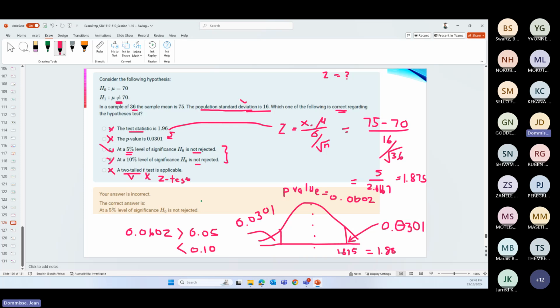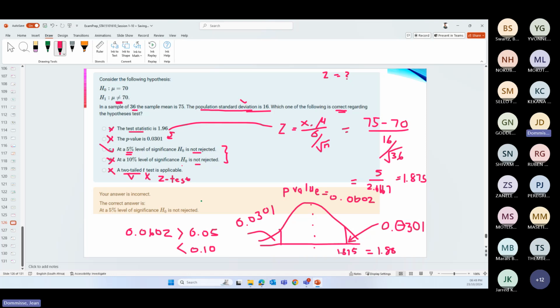Okay, so we are going to, at the 5% level, do not reject, but at the 10% level, because it is smaller, we will actually reject it. So option D is also the incorrect one. So the correct answer that we're looking for is option C, because it is the 5%.